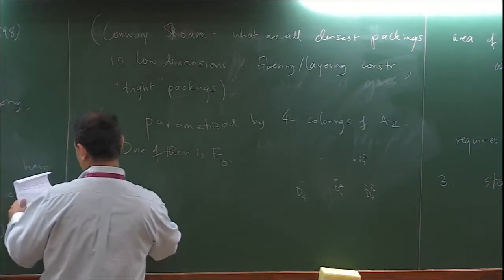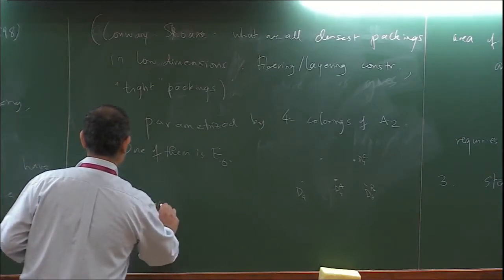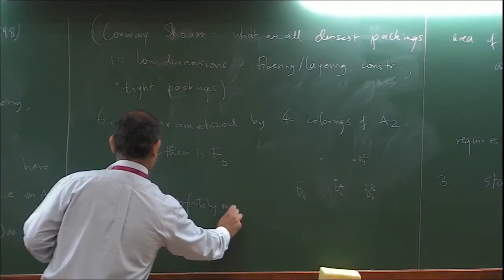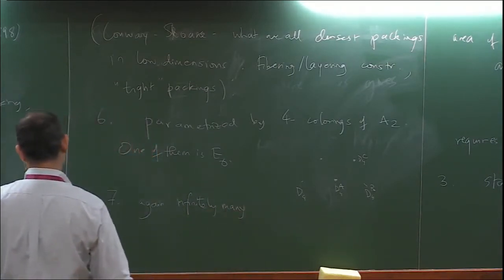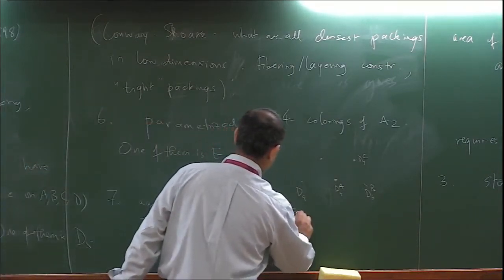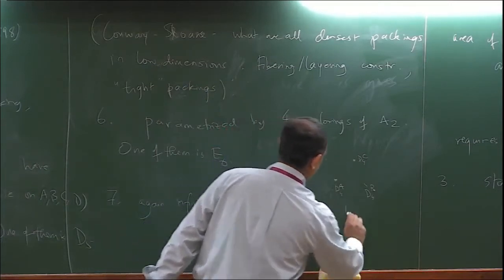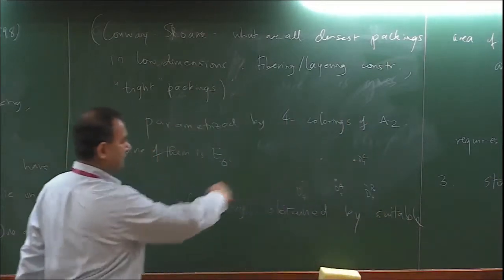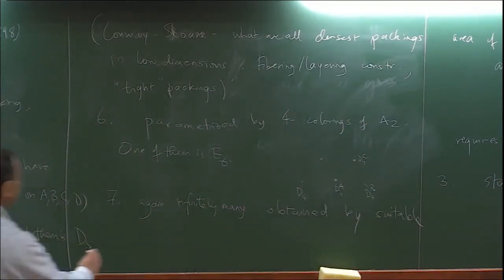Okay. Let me just say 7. I'm not going to describe it, but again, there are infinitely many possibilities, and they're obtained by suitable colorings of a 3-dimensional densest packing, namely a Barlow packing. You have to put some restrictions now, in addition to two things not being close together.